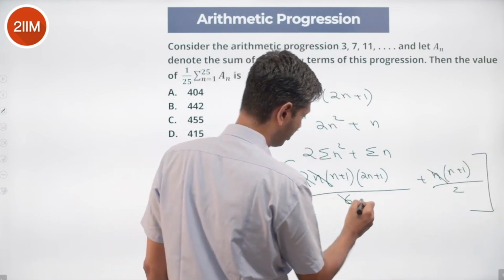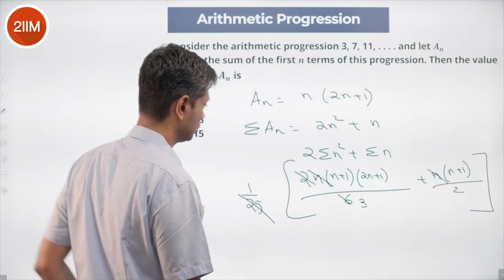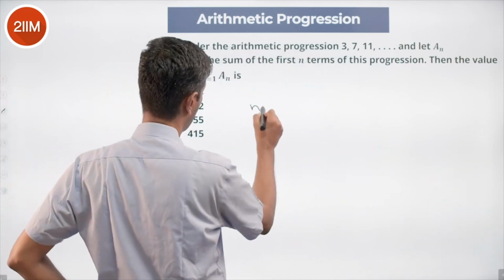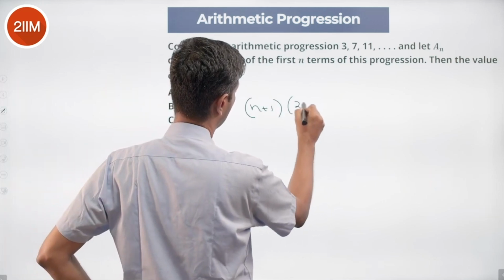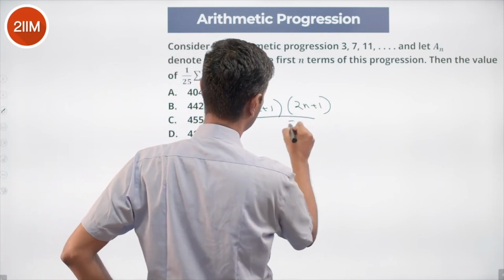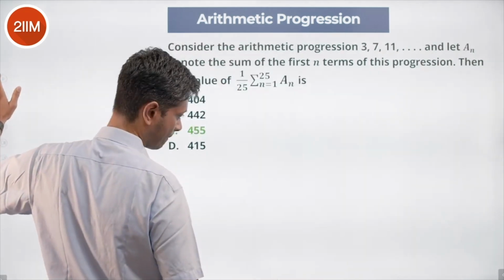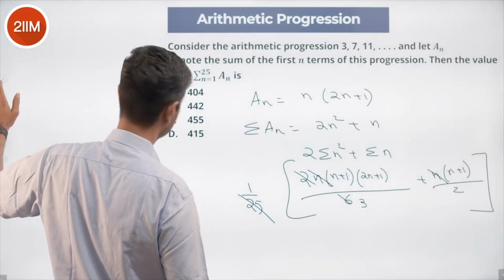2 by 6 is 1 by 3. N plus 1 into 2n plus 1 by 3 plus n plus 1 by 2.